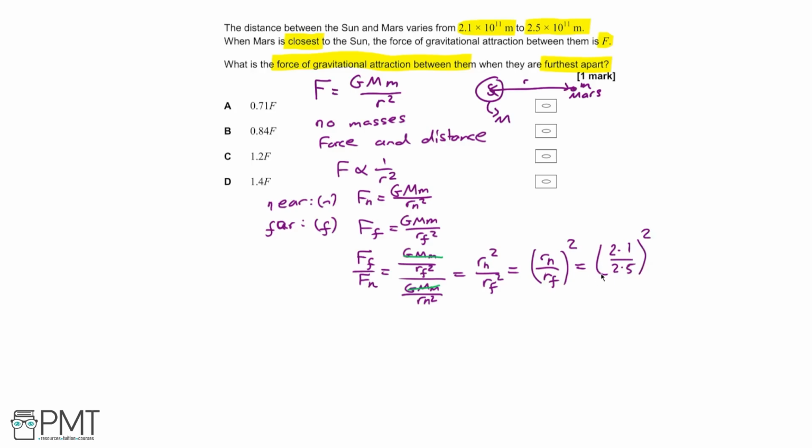It's sufficient to do it like this, and that helps us not make mistakes when we put it in the calculator, as well as saves us time. So therefore, we have that F far is equal to 2.1 divided by 2.5 all squared multiplied by Fn, which is just F.